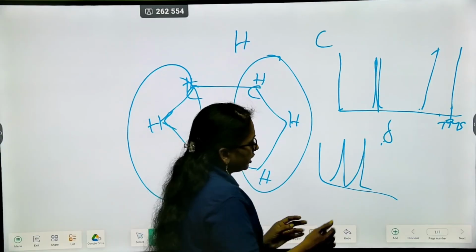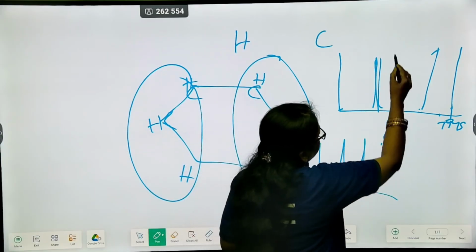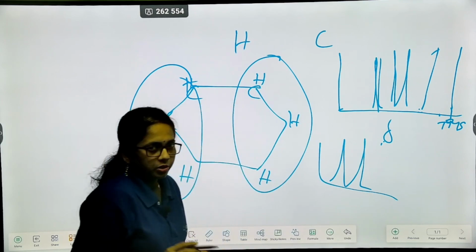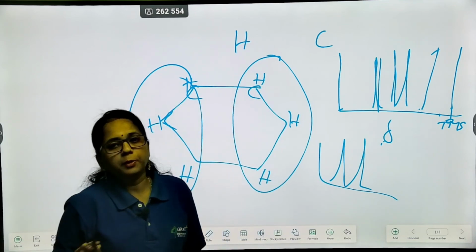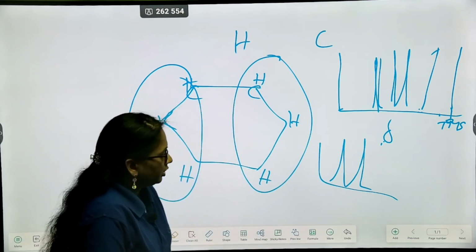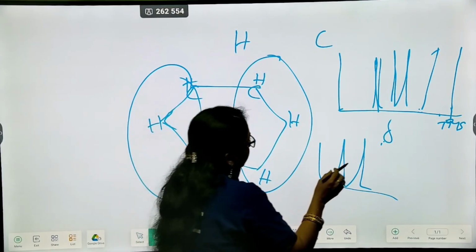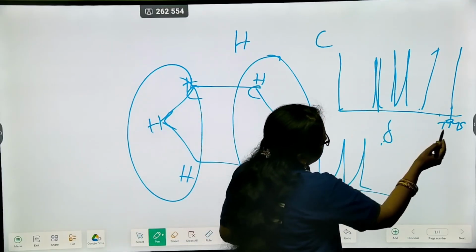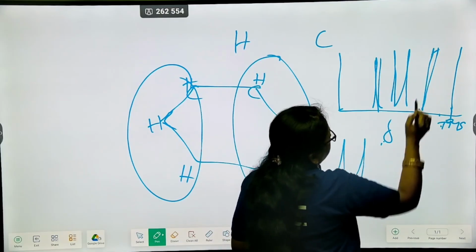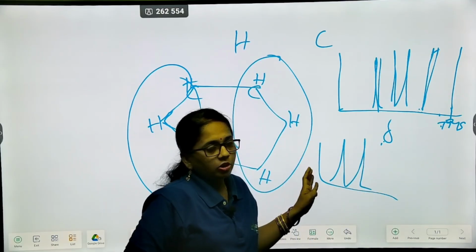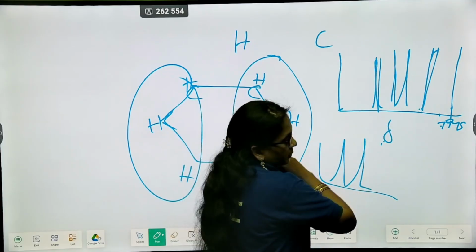Generally NMR signals are very straight signals, but the splitting of the signals takes place because of the neighboring hydrogens only. This chemical shift is related to shielding and de-shielding, that is, how the electrons cause shielding and de-shielding, depending on the pi electrons.